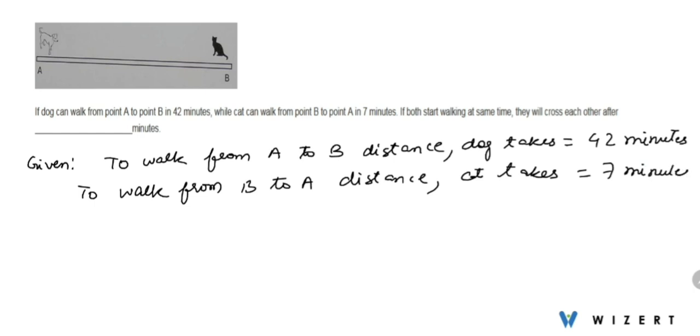This is also given. Now if we know the distance, that is this AB distance, and the time is given, we can find out the speed of the cat and dog. So let us find that.